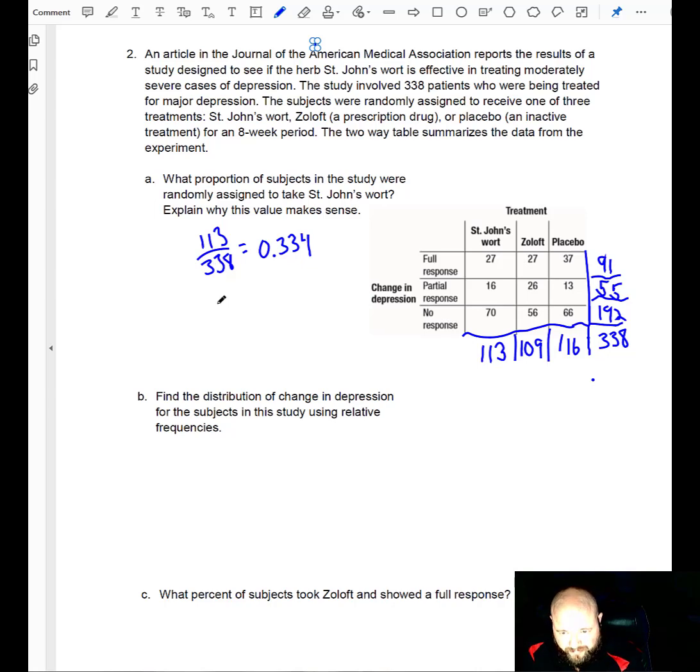So with this, we could say there were 3 treatments, and so about 1/3 should be assigned.